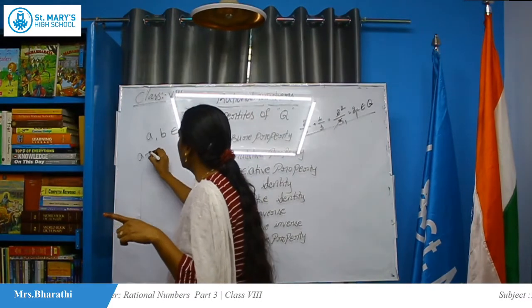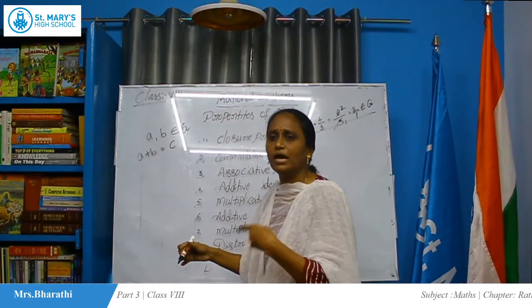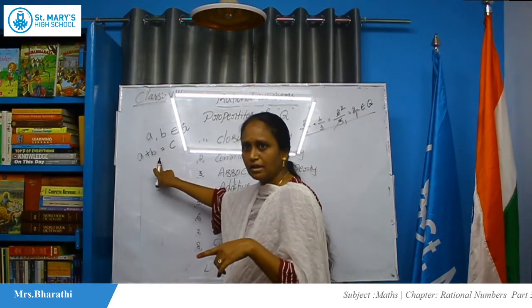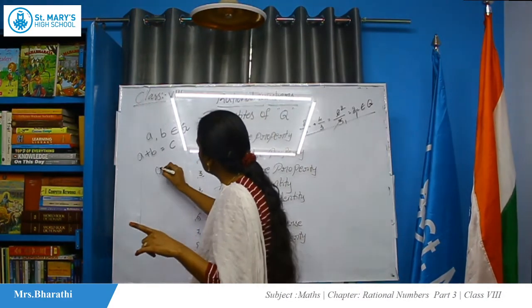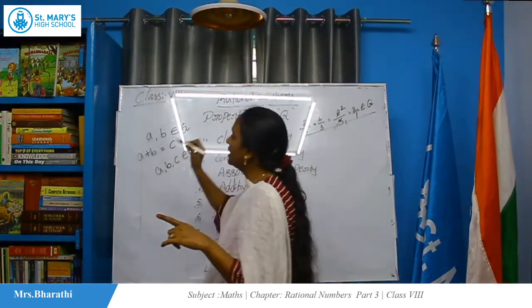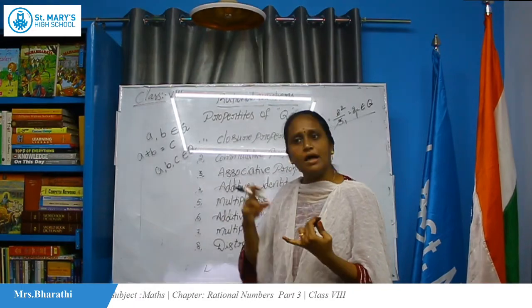So, a plus b equals c. A and b are 2 rational numbers, then the sum c is also a rational number. That means a, b, c are all rational numbers. So the closure property is possible under addition.